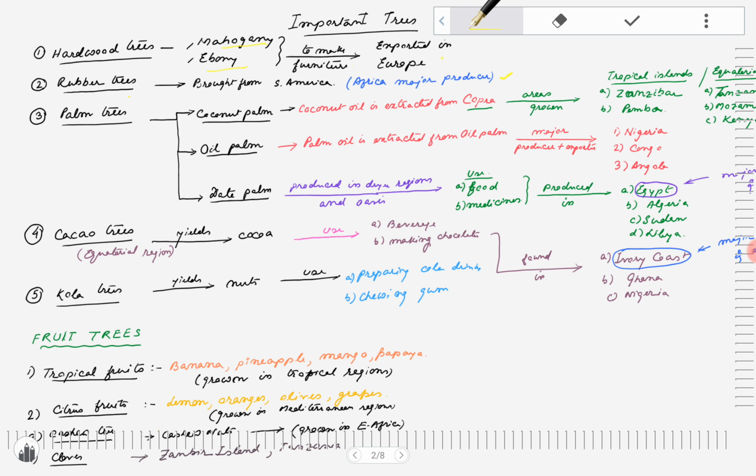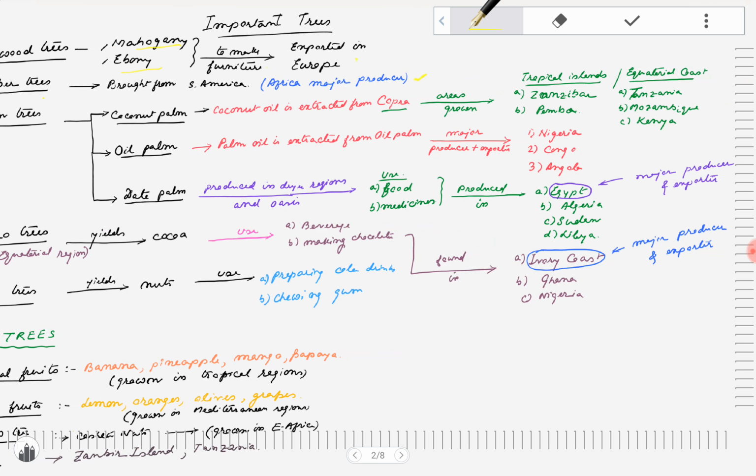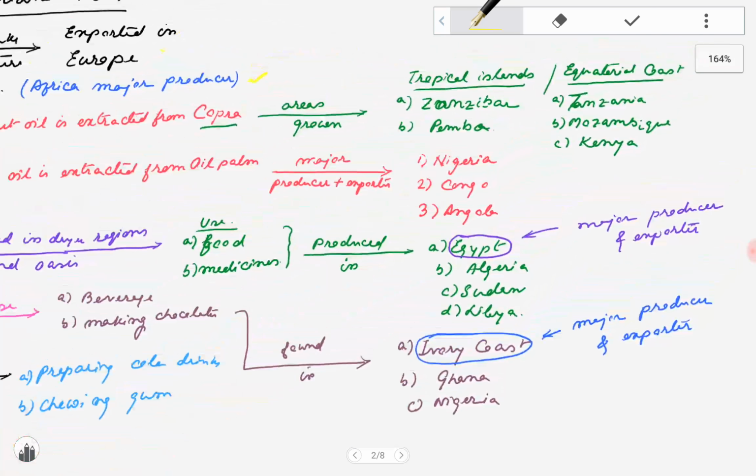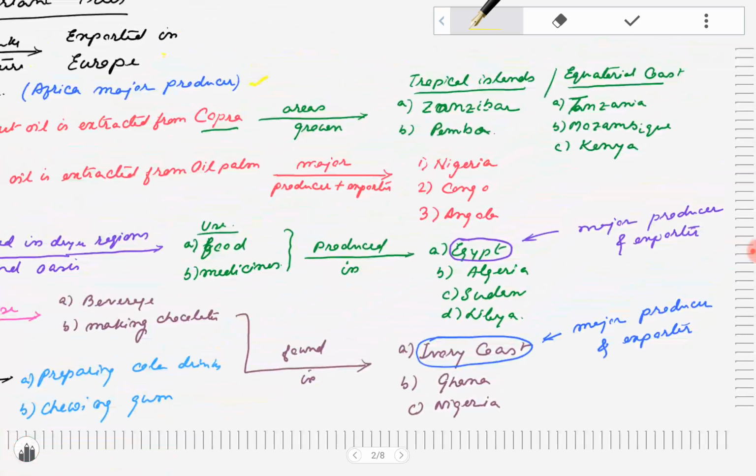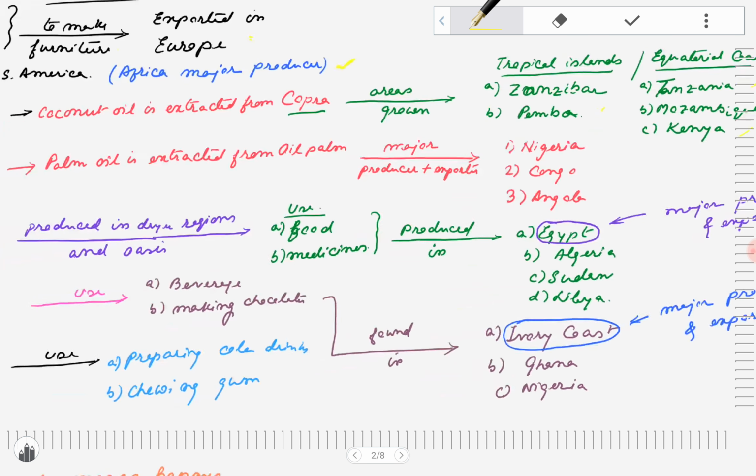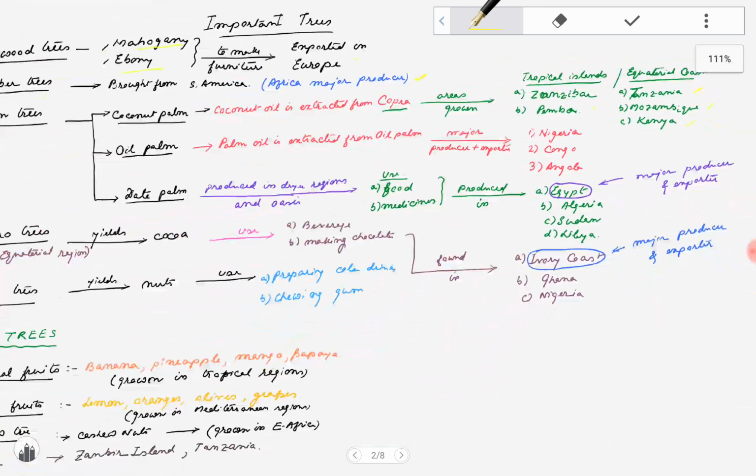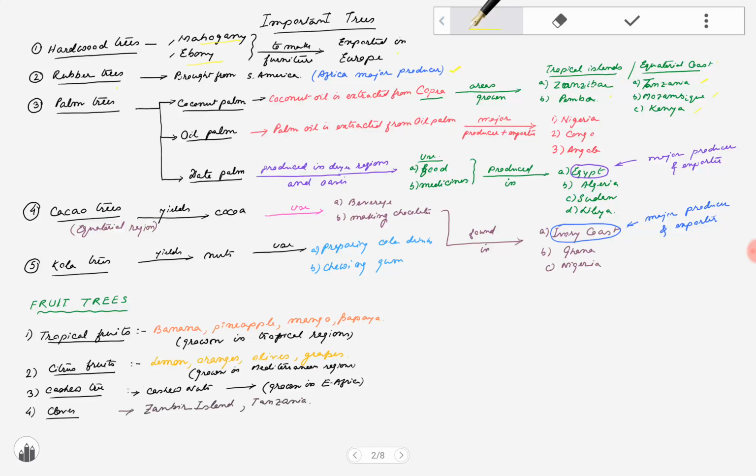Copra is extracted from the coconut palm, and it is grown in tropical islands, Zanzibar, Pemba, and on the equatorial coast of Tanzania, Mozambique, and Kenya. Palm oil is extracted from the oil palm.